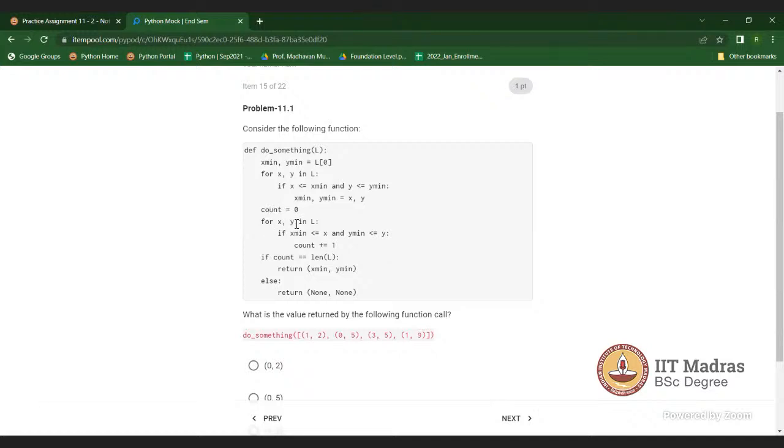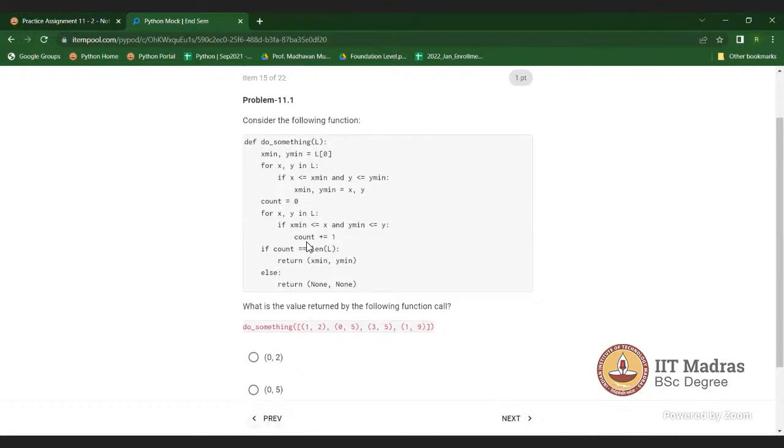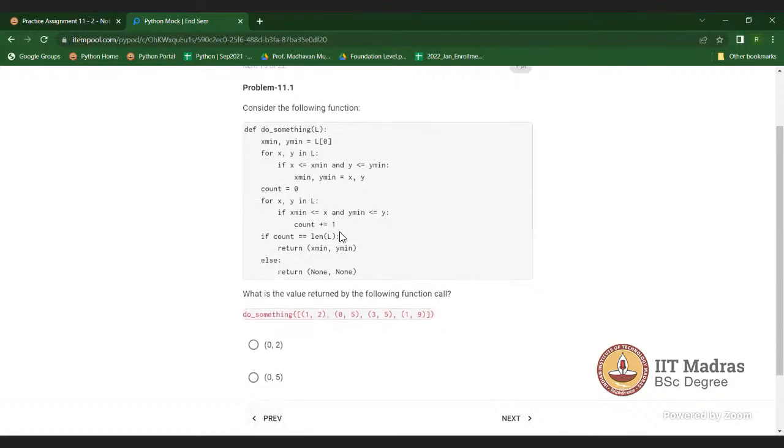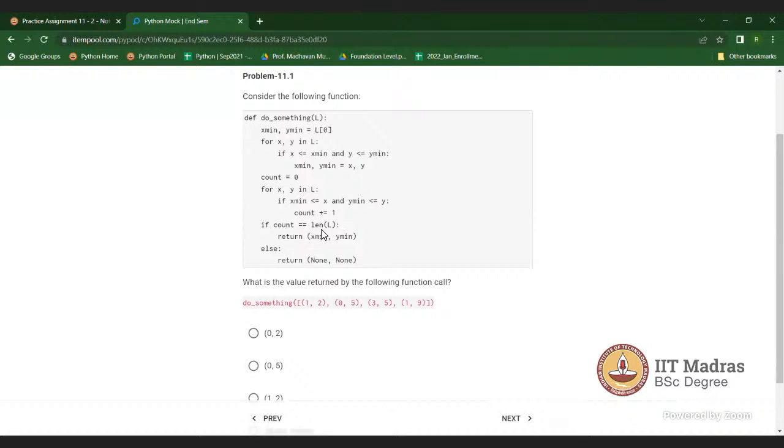For x comma y in L, if x min is less than or equal to x and y min is less than or equal to y, count plus equals 1. Return x min comma count.